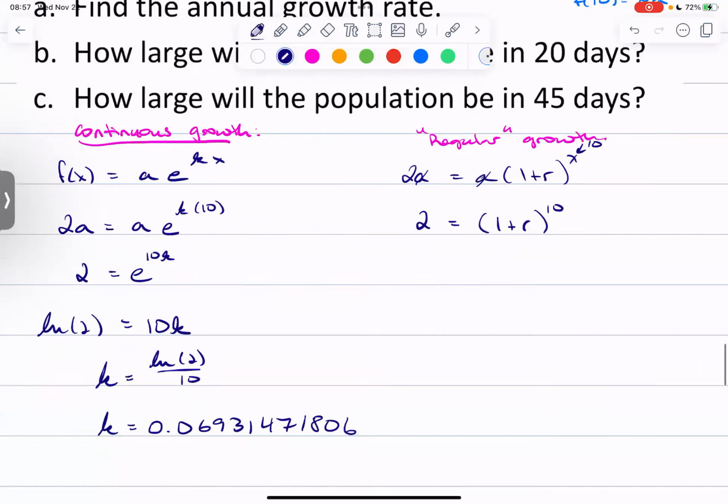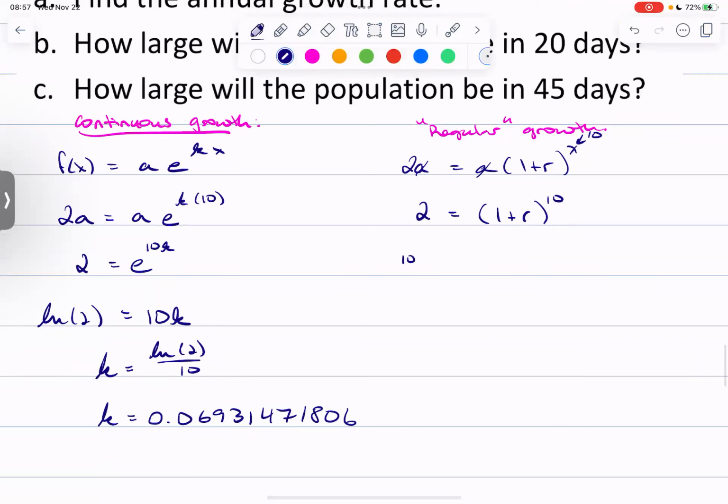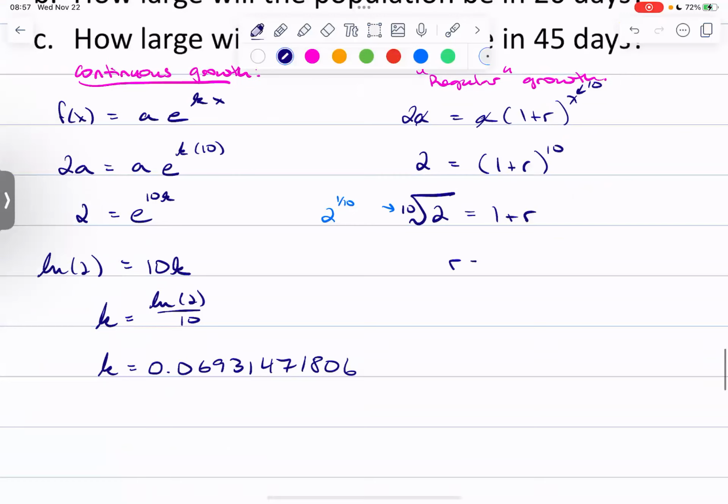All right. I'm committed. The 10th root of 2, which on your calculator you're going to do 2 to the power of 1 over 10, is 1 plus r, which means that r is going to be the 10th root of 2, which is 1.07177346, minus 1.